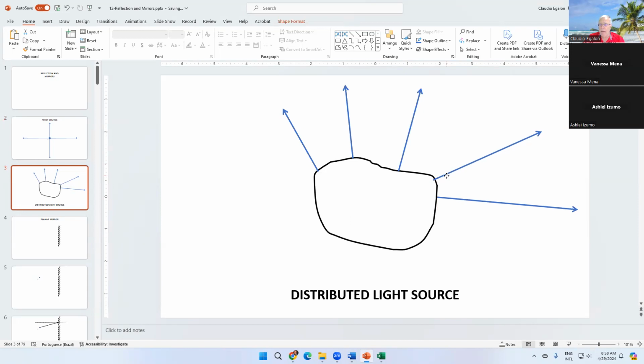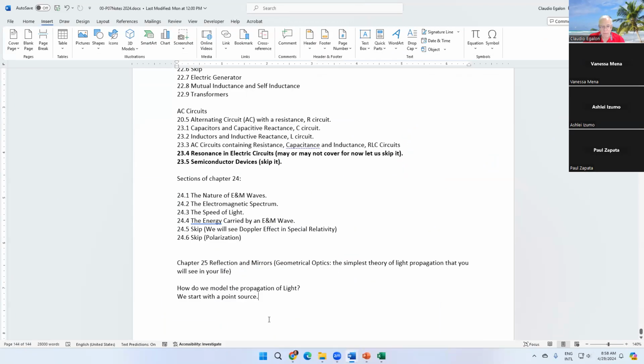We represent in geometrical optics the propagation of light as a light ray. And that's what you're seeing here. We can use this type of behavior to predict how images are formed by mirrors and lenses.